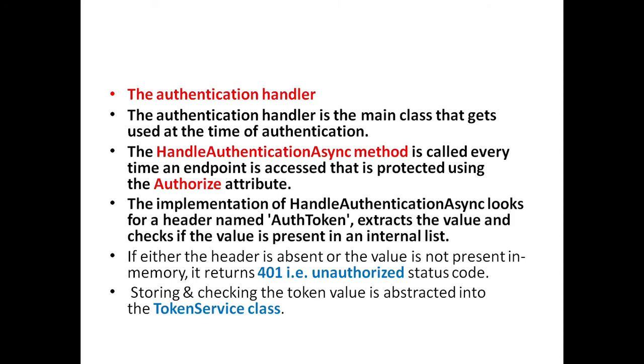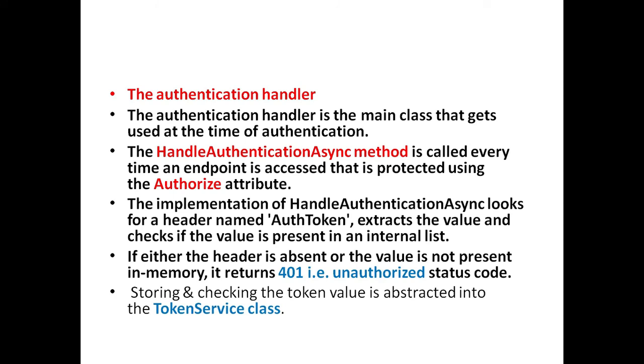The implementation of HandleAuthenticateAsync looks for a header named AuthToken, extracts the value and checks if the value is present in the internal list. If either the header is absent or the value is not present in memory, it returns the status 401, which is the unauthorized status code. Storing and checking the token value is abstracted into the TokenService class.